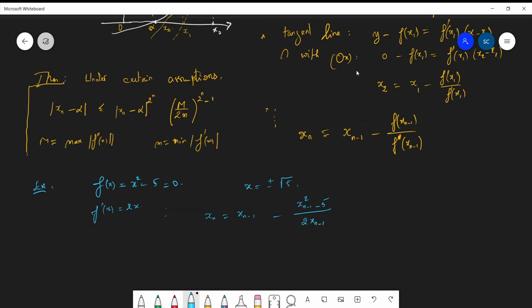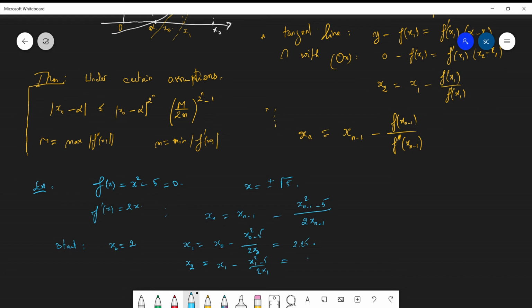If you compute here, start with x0 equal 2 if you want to approach square root of 5. Then x1 will be x0 - (x0^2 - 5)/(2x0), which gives us 2.25 if you substitute. For the second step, x2 is x1 - (x1^2 - 5)/(2x1).